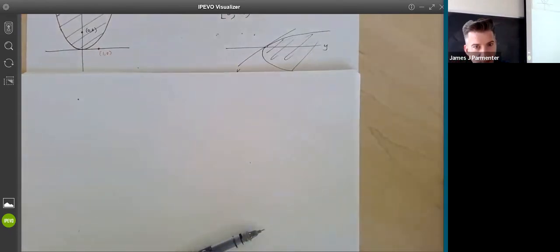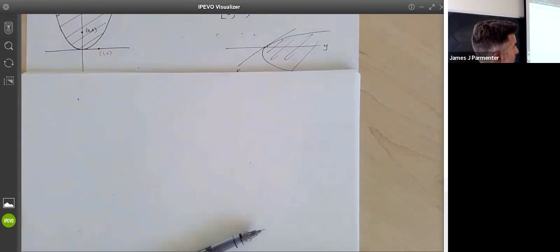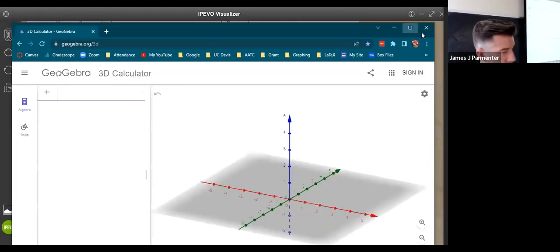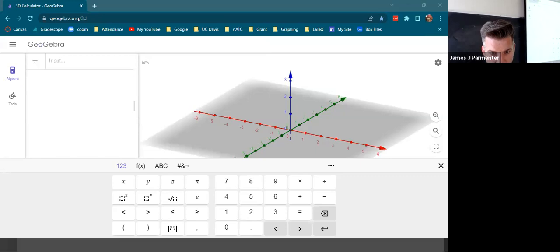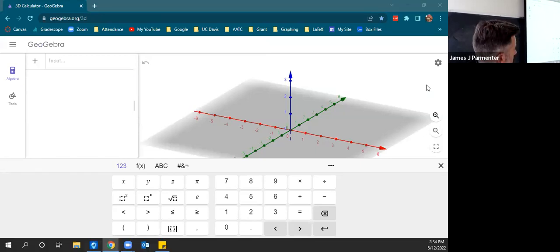So before I even graph this thing, I might try looking at GeoGebra, and let me reshare my screen. You guys all see that on Zoom?